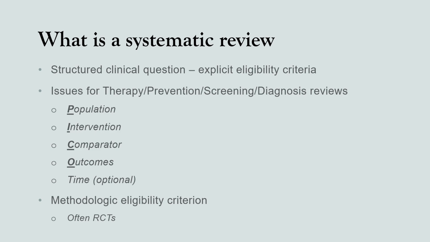So this structure of PICO can be applied for different types of reviews: therapy, prevention, screening, and diagnosis strategies, which in essence are the intervention of interest. However, for systematic reviews focusing on intervention strategies, usually we will limit our scope to RCTs.